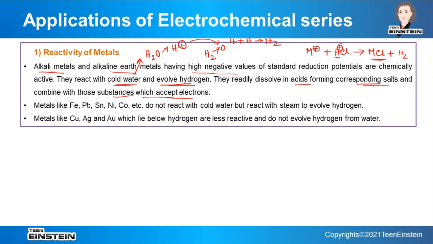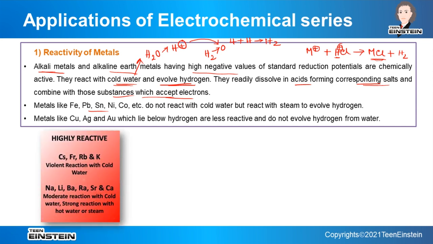Now there is another category. For this category, here we have this list. You can see all these are group 1 and group 2 metals. They can react violently with cold water, and within the alkali and alkaline earth metals also you can further classify them in 2 sections, because cesium, francium, rubidium, those further down the group, will be more reactive.